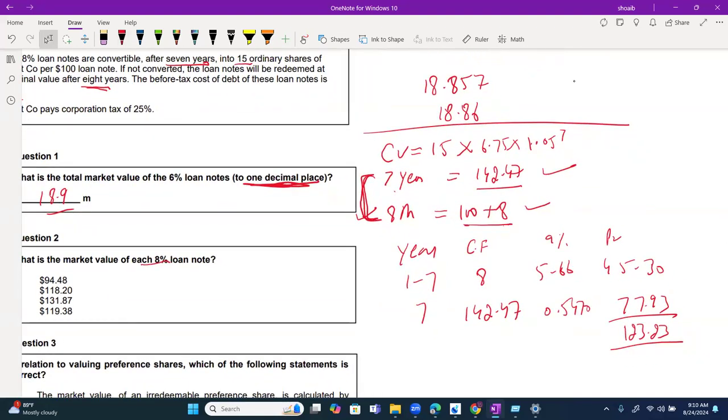I think I have done mistake in calculating the NPV. 5.03. 118.9.